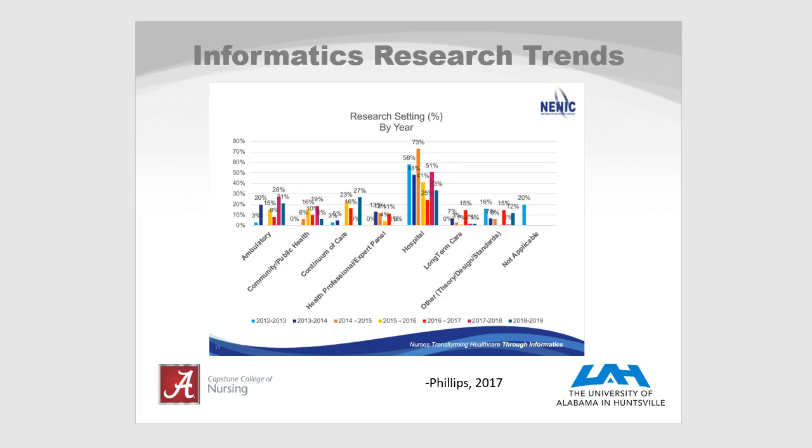This is another example of a similar type of study looking at the types of research. This one shows the research by setting and by year. You can see the different areas in which nursing informatics research is ongoing: ambulatory areas, community public health, the continuum of care, health professionals, hospitals, long-term care, and then theory, designs, and standards.